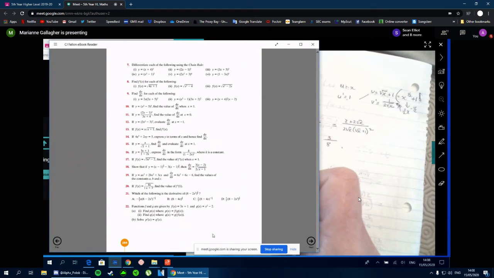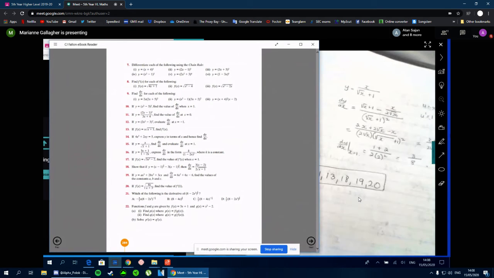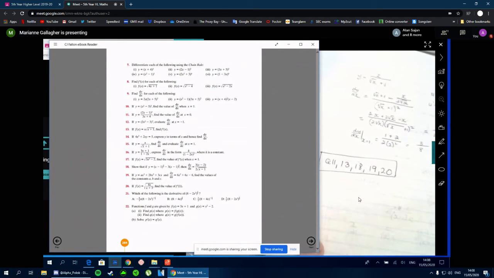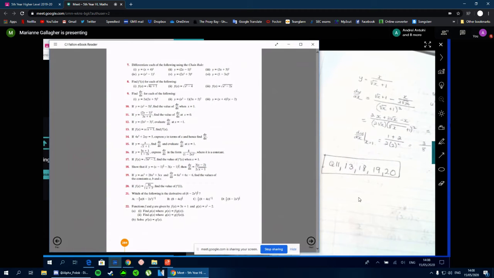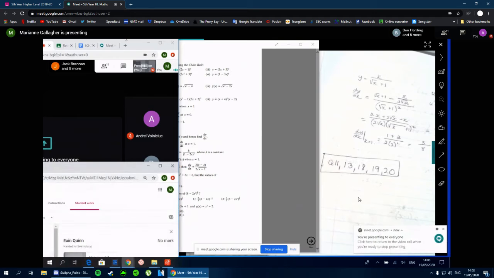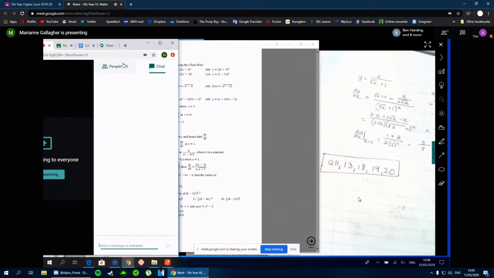And 20. Okay, so you can get started on those now and see how you're getting on. Ask if you're stuck. Sorry, so 11, 13, 18, 19, 20. And I'm going to take the roll and stick that up in classroom.